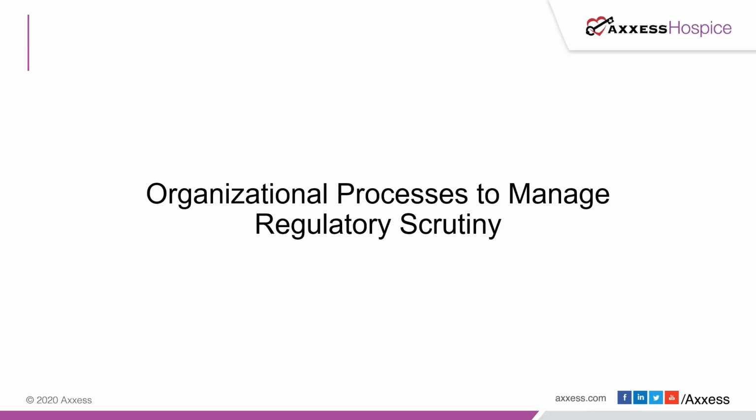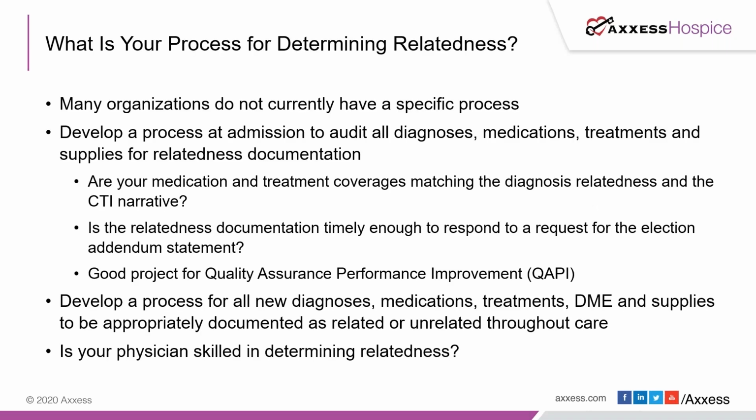So, organizational processes to manage all of this. What are the things that you have in place at your agency to make sure that we're determining this and documenting it? Most organizations don't currently have a specific process.